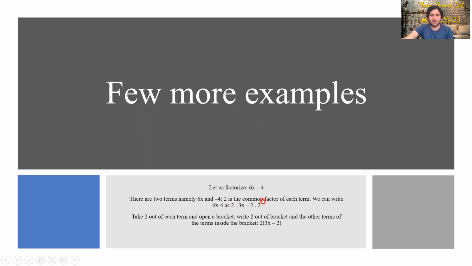Let us factorize 6x minus 4. Right, 6x minus 4. Since we're using the method of common factor, I'm going to look for the common factor of number 6 and 4. The highest common factor, the HCF of number 6 and 4, is which number is the highest that we can divide both numbers by?